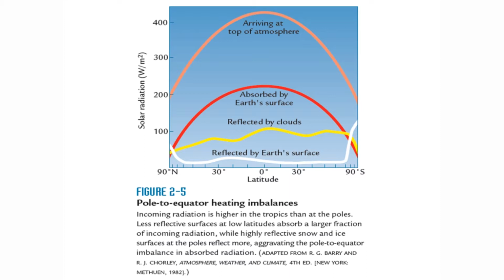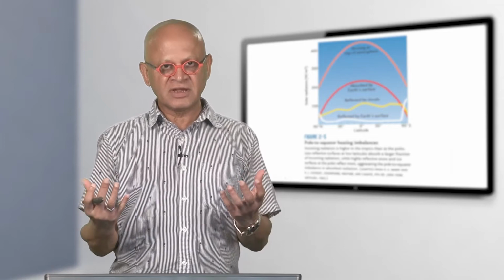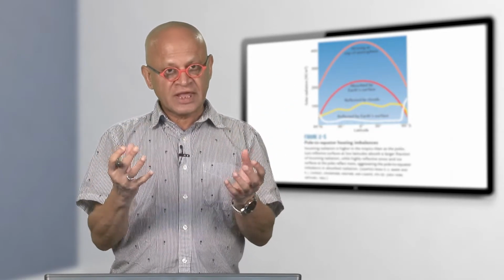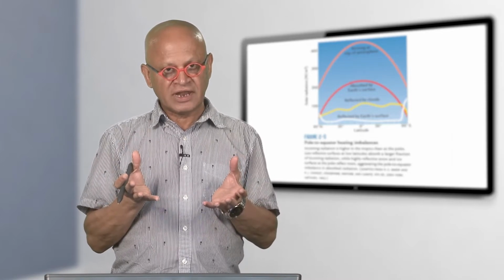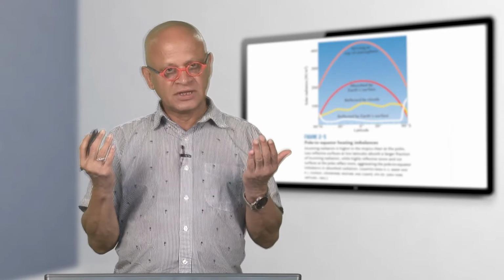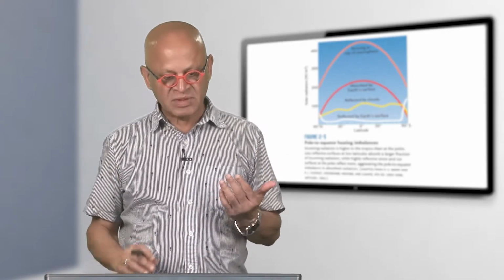The other point you see here is that the reflection is not symmetric, even though the received energy is symmetric, because the continental distribution is asymmetric: the southern hemisphere has the southern ocean and the Antarctic subcontinent, so the distribution of albedos and energy received is not going to be symmetric. The temperatures are not symmetric either.